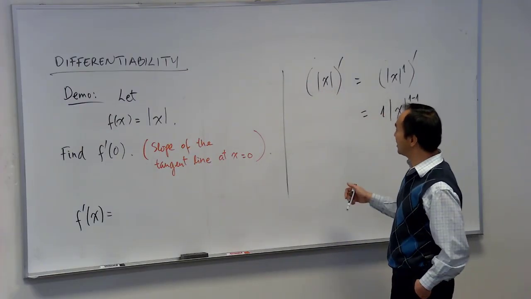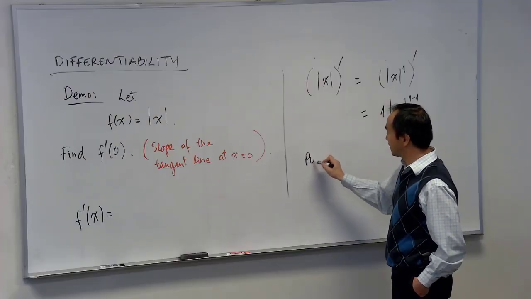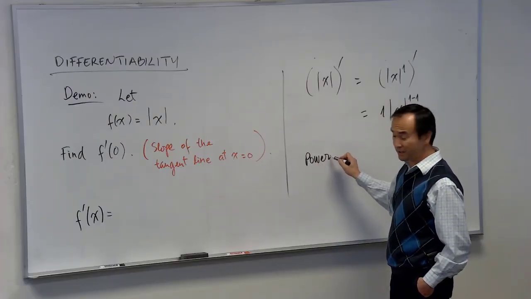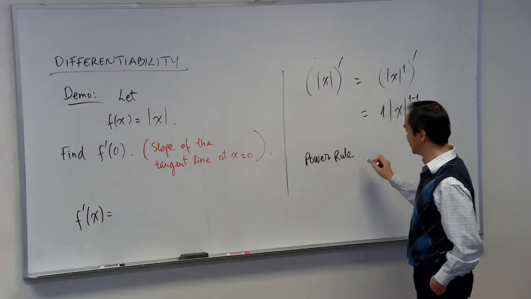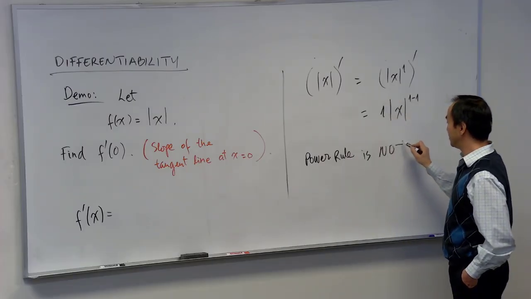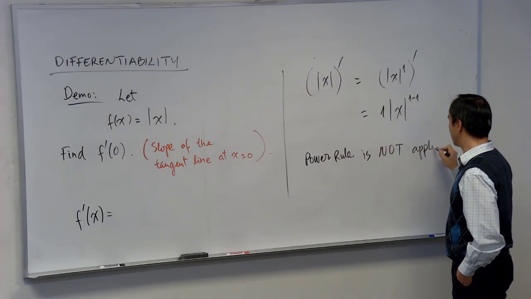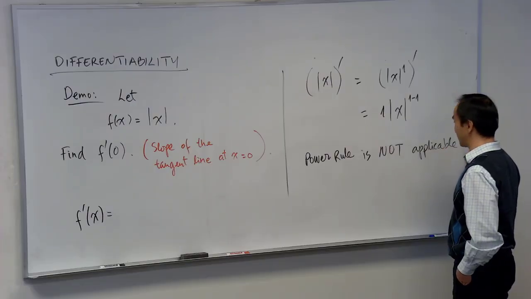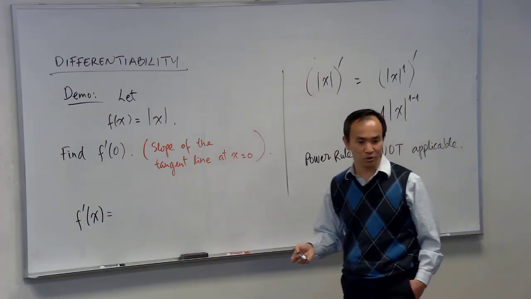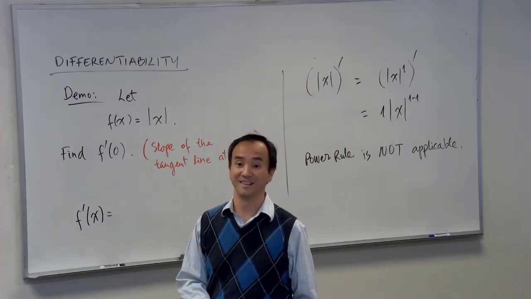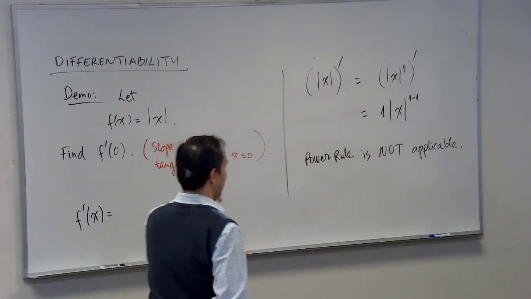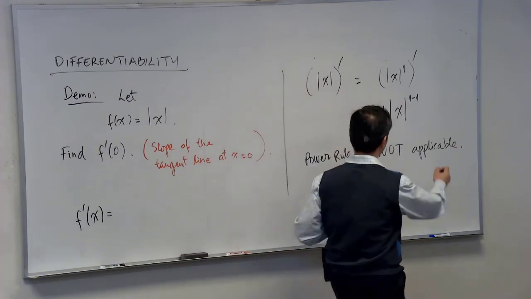So my point is that the power rule that we've learned and we love using is just simply not applicable here. That simple, nice rule that we've learned, we can't use it here, because whatever work we thought was the way is not true.